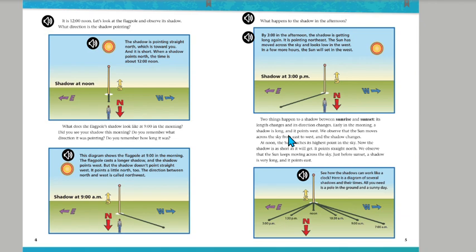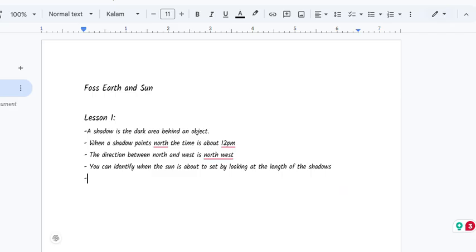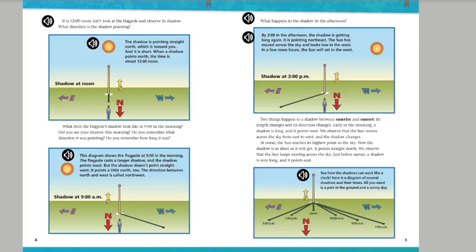Alright, so now we can write what happens to a shadow between sunrise and sunset. So we can write over here, between sunrise and sunset, the length of a shadow changes. So that's one. And let's see what else we can do.